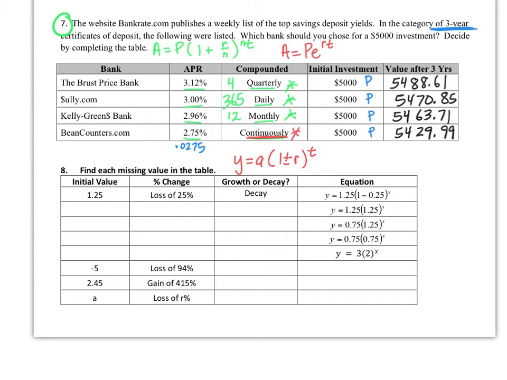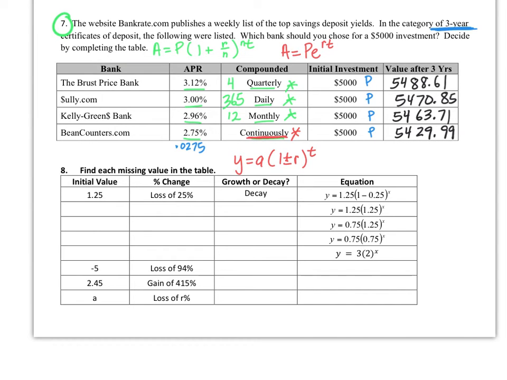If you look back at your notes on this, y is what you ended up with, a is what you started with, growth or decay is denoted by what's in the parentheses there, and the x is basically your t, the time at the end.